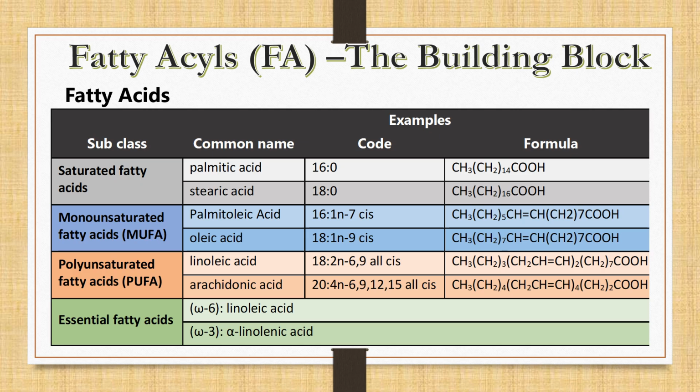The chain length and degree of unsaturation strongly influence the physical and biological properties of fatty acids. Saturated fatty acids are generally solid at room temperature, while unsaturated fatty acids tend to be liquid. Naturally, unsaturated fatty acids usually contain cis double bonds, which introduce bends into the chain.